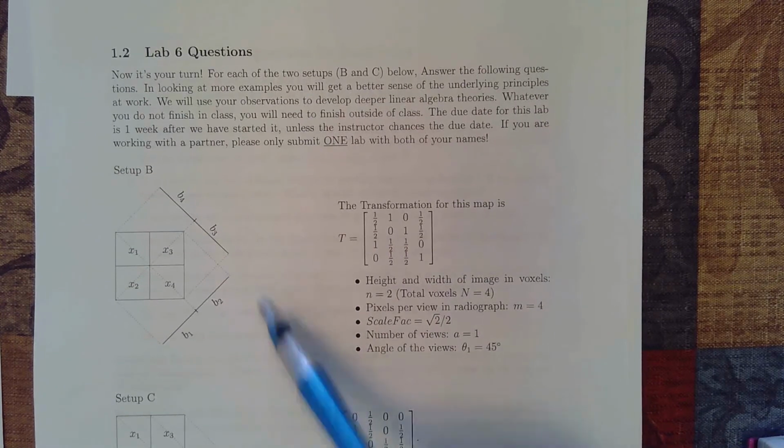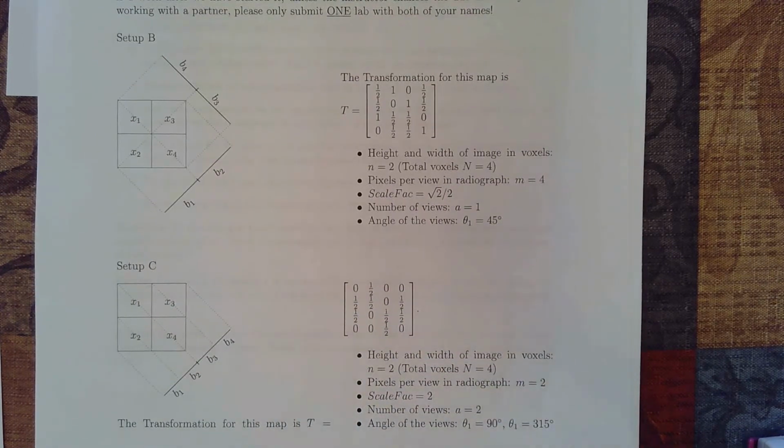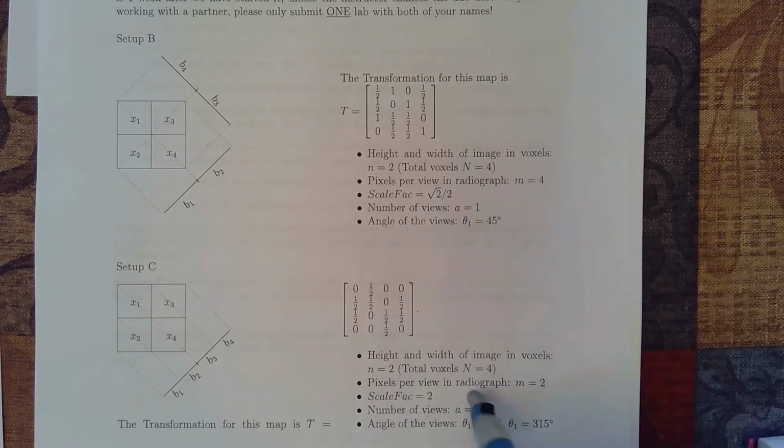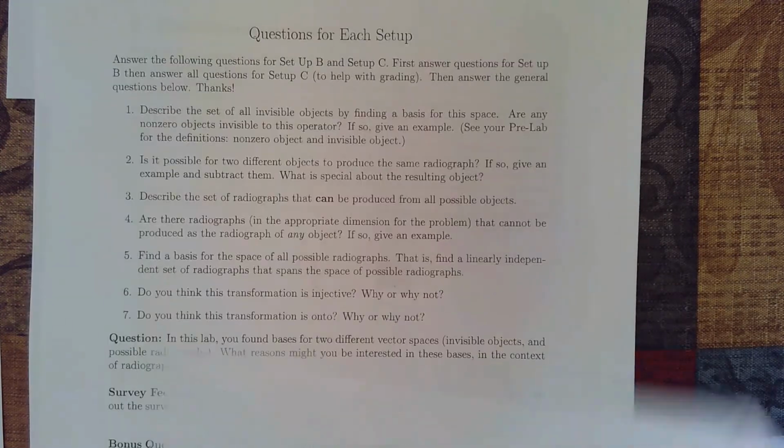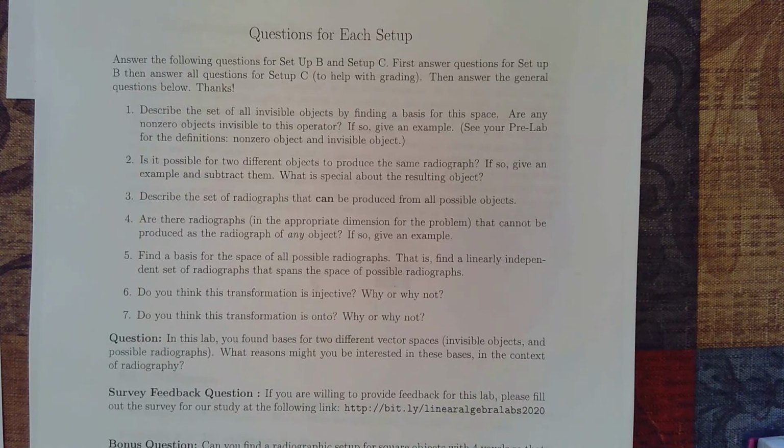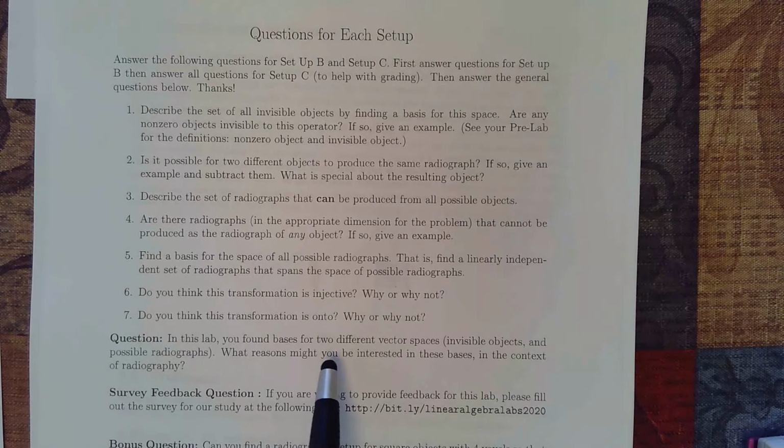So here's setups B and C. This is in the blank copy as well. Here are their transformation matrices, and there are a number of questions. Basically, you'll be going through the same process that we just did here. You can talk about them, think about whether or not they have certain properties. These ideas of being injective or onto are things that'll make a little bit more sense.